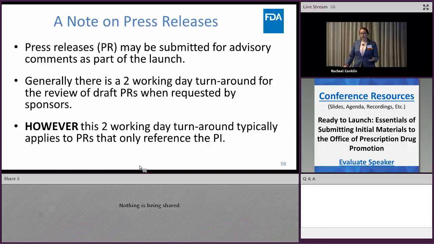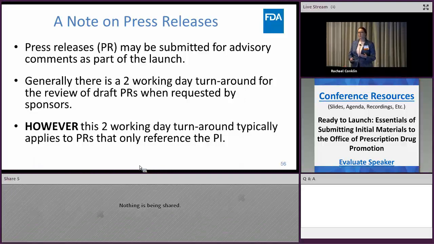In the past, we have always tried to review those materials anyway and try to get them back to you in a 72-hour time frame, 24 to 72 hours. But we've found that ultimately with those more complicated materials, we are providing comments that are not inclusive of everything. Maybe we don't have a consult back, or the sponsor really just needs to move forward with the materials just from a business perspective before we're able to provide our comments.